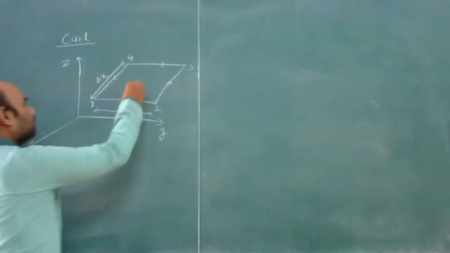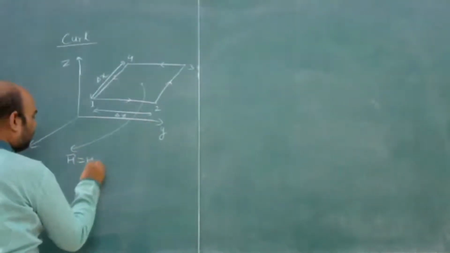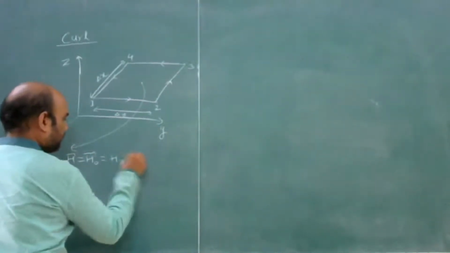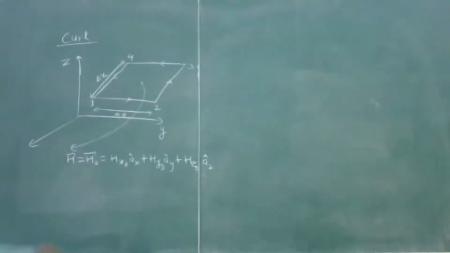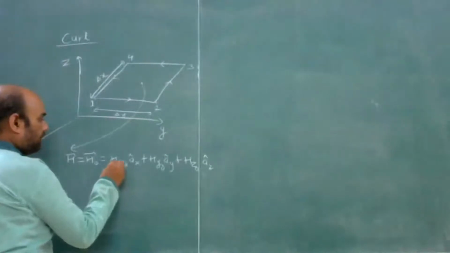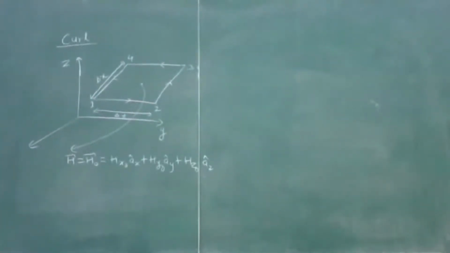So we have to find the value of H due to some unknown current which is enclosed by this closed surface, and the value of H at the center of this loop is H naught, equal to Hx naught Ax plus Hy naught Ay plus Hz naught Az.